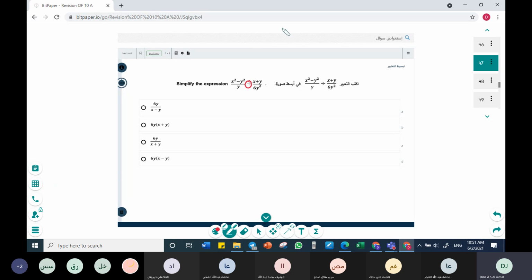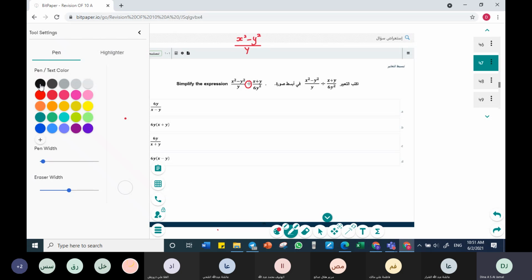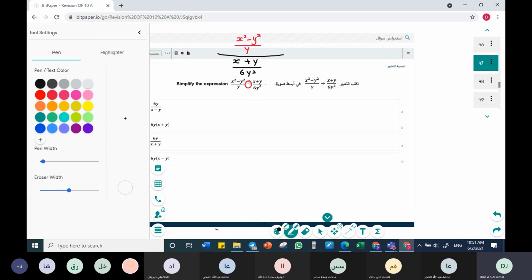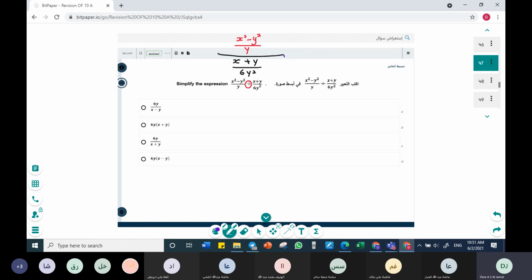Otherwise, another form to write this is x squared minus y squared over y, then a big division line, and the other, x plus y over 6y squared. So he made it easy for you, and he removed the division line, he put the division. So what will be the first step here?